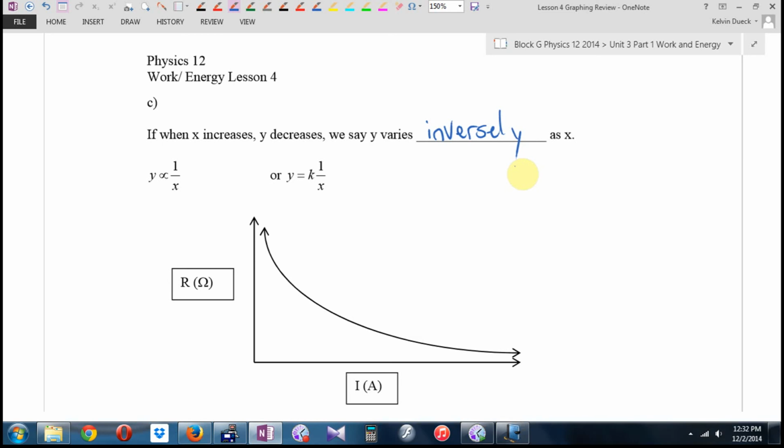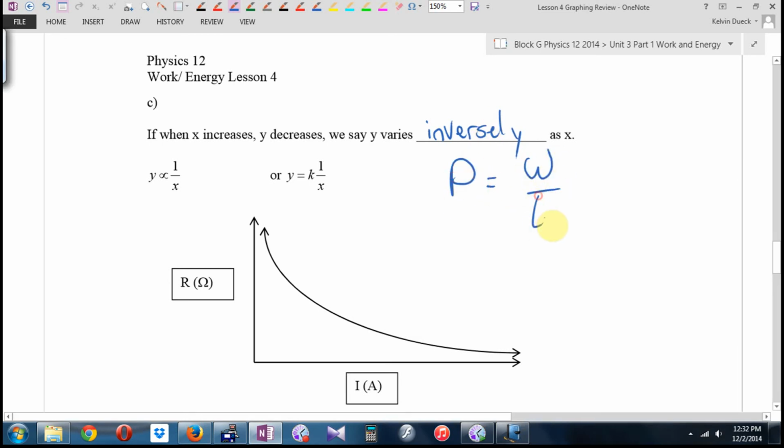You want a good example? Where work is the constant, how are power and time related? As time gets smaller, power gets bigger. It's an inverse relationship. How do I know? Because time's on the bottom and power's on the top on the left-hand side.